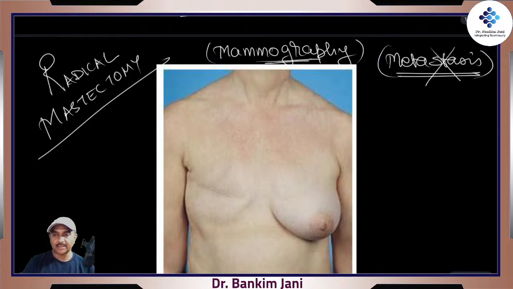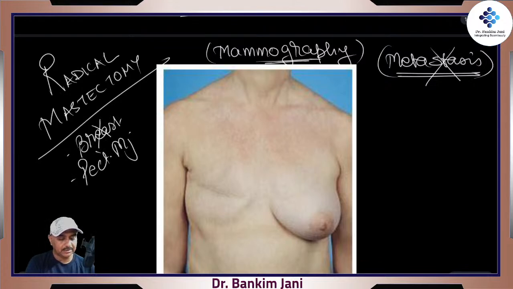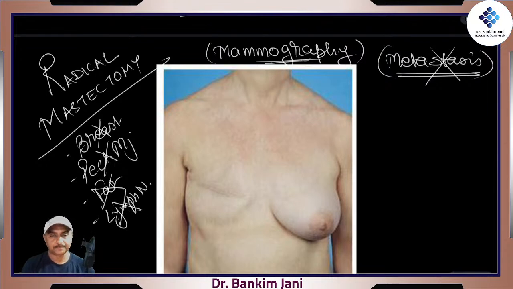In that case, it is very much necessary that we go for mastectomy, so that at least we can stop the spread. So in radical mastectomy, what is done? The breast is removed, the pectoralis major is removed, fat, then lymph nodes are removed.